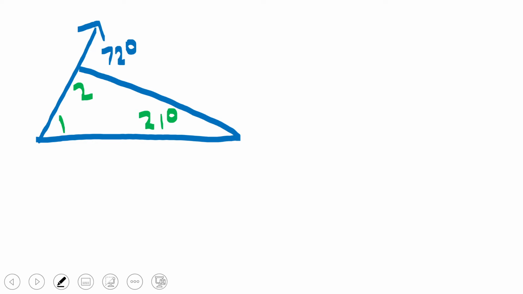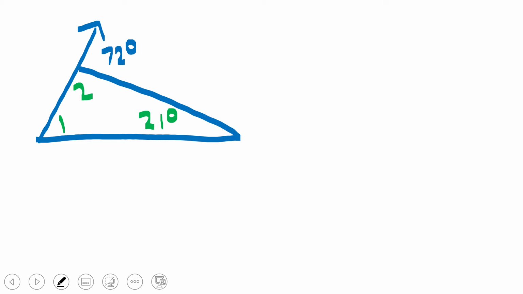You can still find out how many degrees each missing angle is, knowing that angle 2 and 72 degrees in this example is a linear pair. They're supplementary angles, and we have already looked at solving for that.